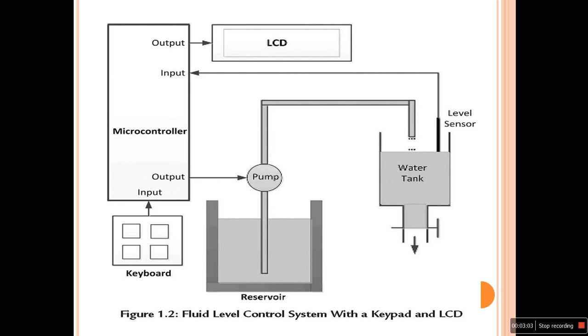Whenever the microcontroller or the embedded system senses that the level of the overhead tank goes low, then it sends a signal to the pump, and the pump will start pumping the water from the reservoir to the overhead tank. And once the overhead tank is filled, the level sensor will send the indication, will send the input to the embedded system, and at that time the pump will be stopped by the embedded system.